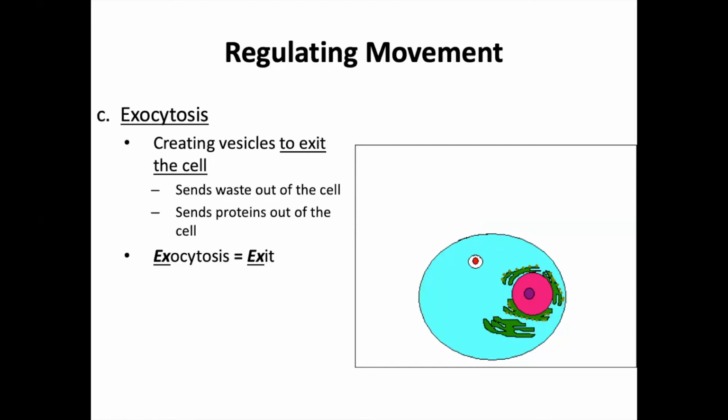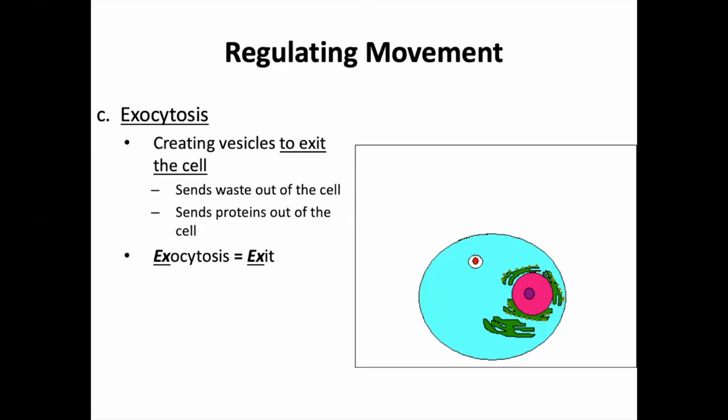Exocytosis now is creating vesicles to exit the cell. Right? You have some organelles inside that are also wrapped in lipid membranes that can create their own vesicles. So remember, the Golgi apparatus from chapter 1, its job is to kick things out of the cell. It's the post office, right?